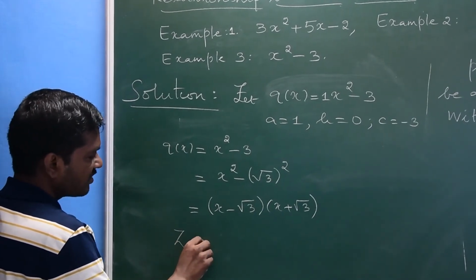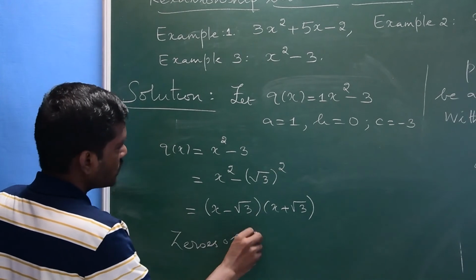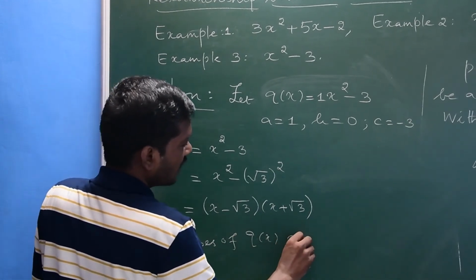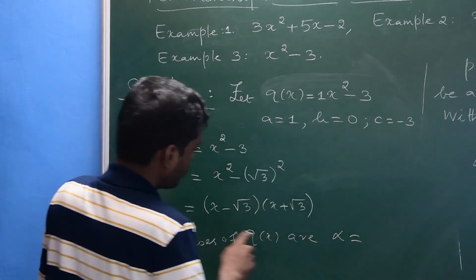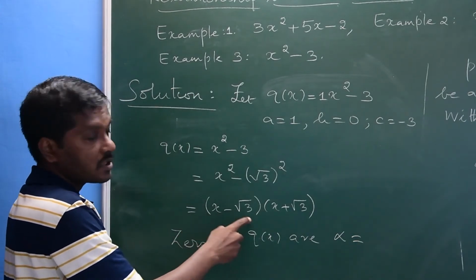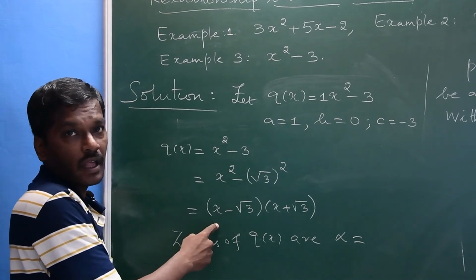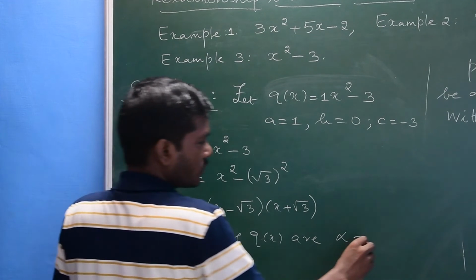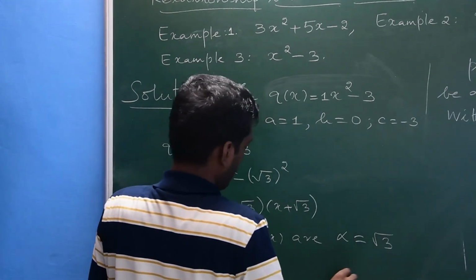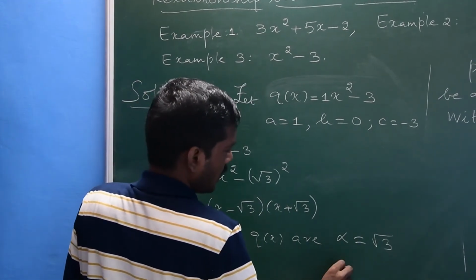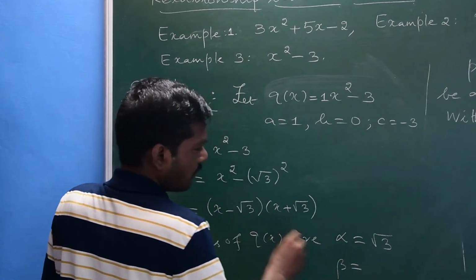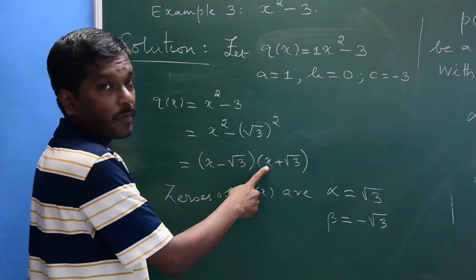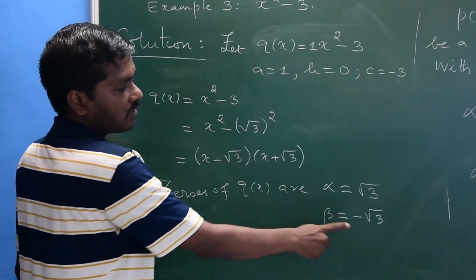Zeros of q of x: one zero is, when you substitute root 3 here, root 3 minus root 3 becomes 0, or you can use the zero of a linear polynomial. So alpha is root 3 and beta is minus root 3. When you substitute minus root 3 here, it becomes 0.